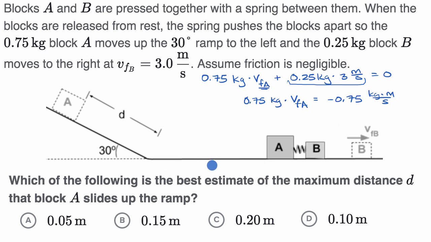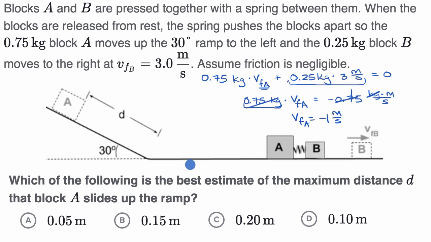And so if you divide both sides by 0.75 kilograms, on the left you're just left with the velocity of A, and on the right you would be left with negative 1, and the kilograms would go away, negative 1 meters per second. So A's velocity as it loses contact with that spring is going to be negative 1 meters per second.